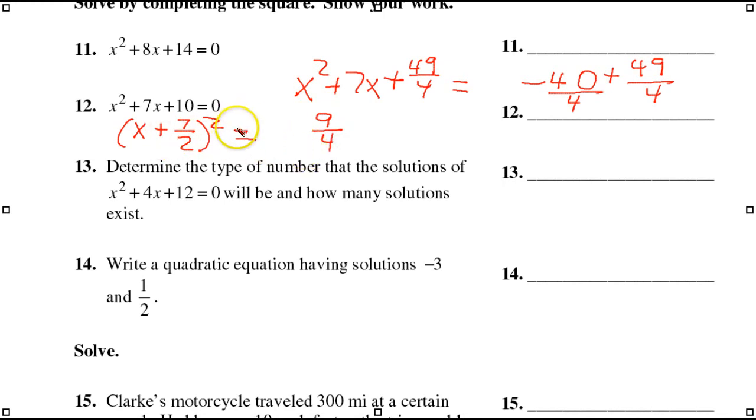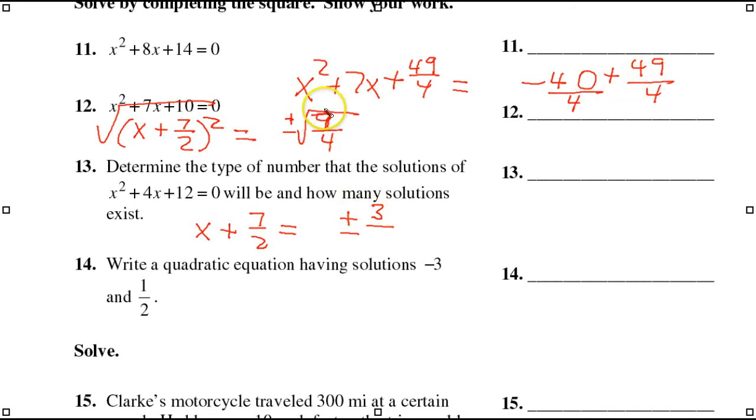And we take plus or minus the square root of this side. And this, so we have x plus 7/2 equals plus or minus, this is going to be 7/4 here.